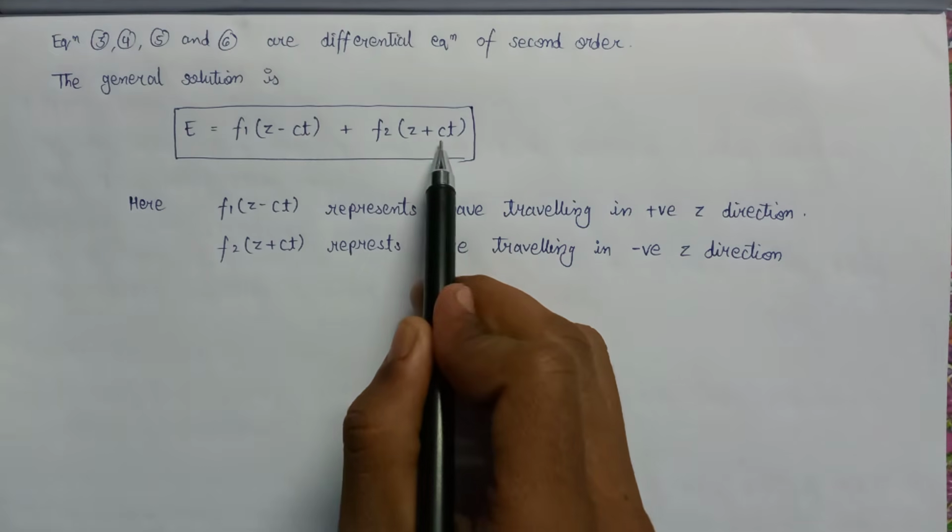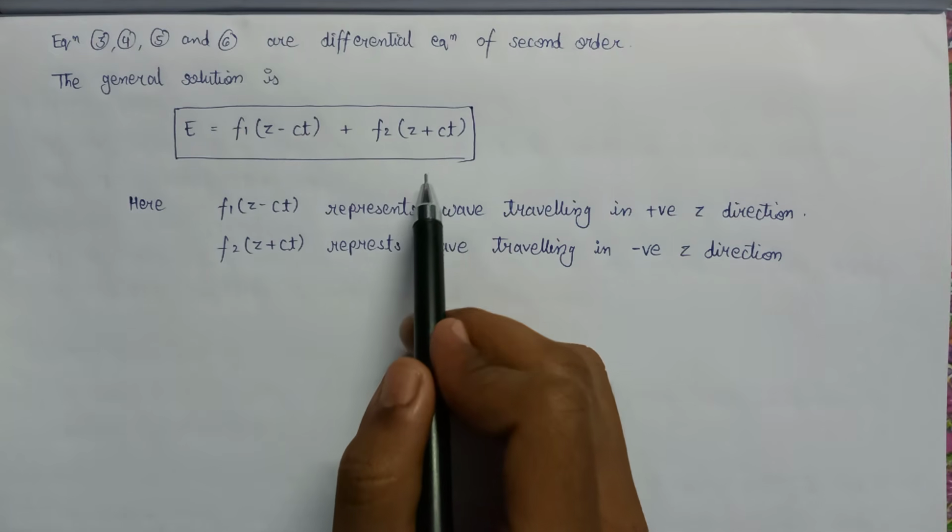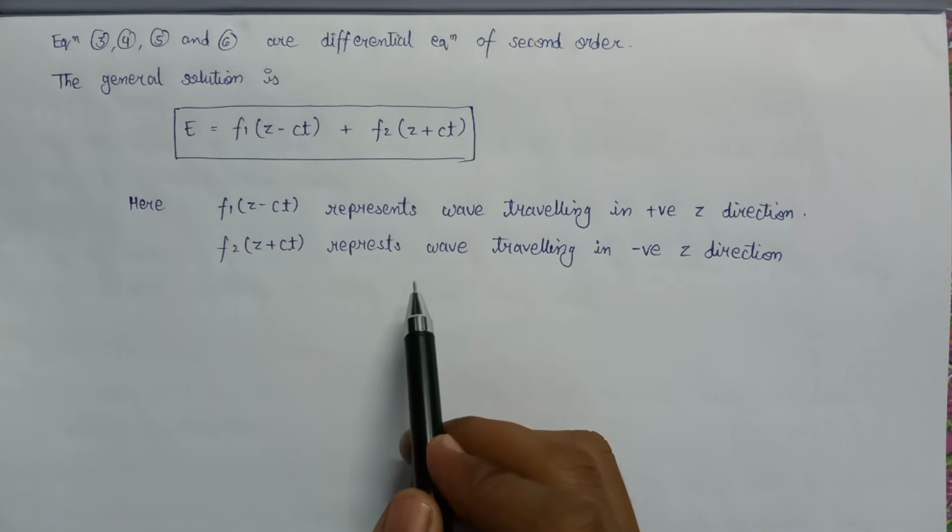And here c is nothing but the velocity of the electromagnetic wave, that is also equal to the velocity of light.